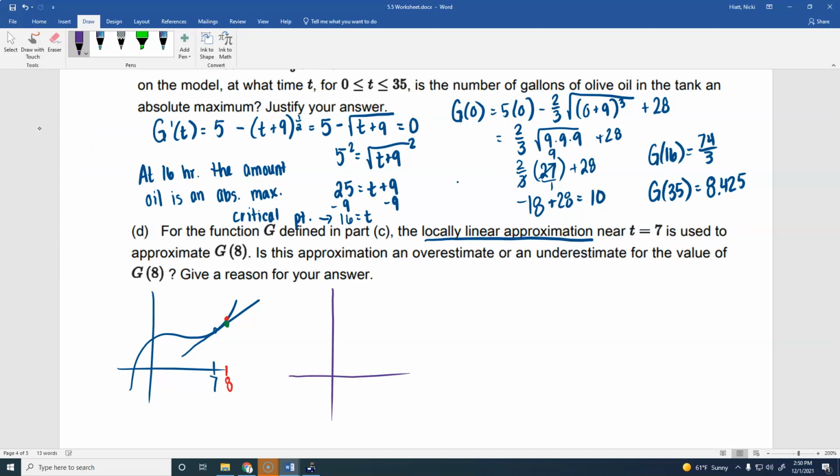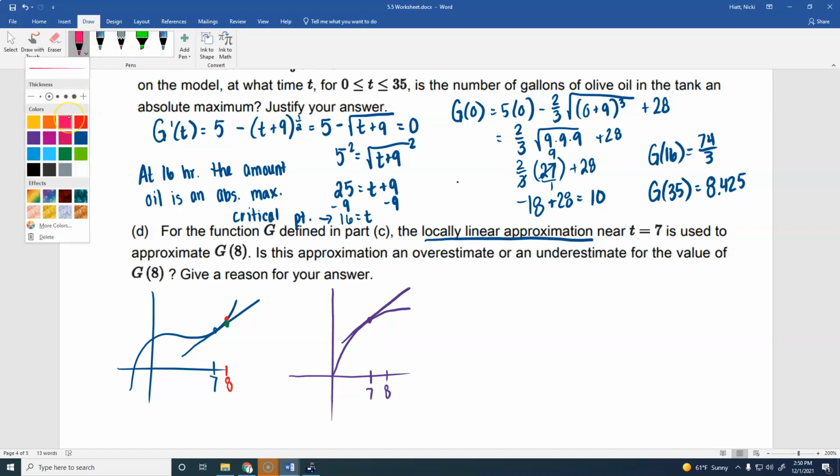Well, actually, there's 4 ways that it could look. So let's say we got 7 here, 8 here. It could be increasing and concave down. Okay, if that's the case, the tangent line right here would be the actual value for 8.